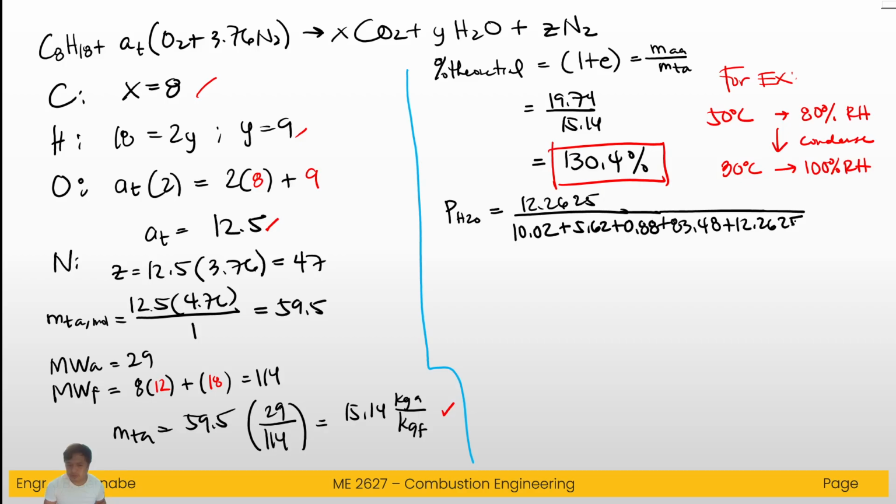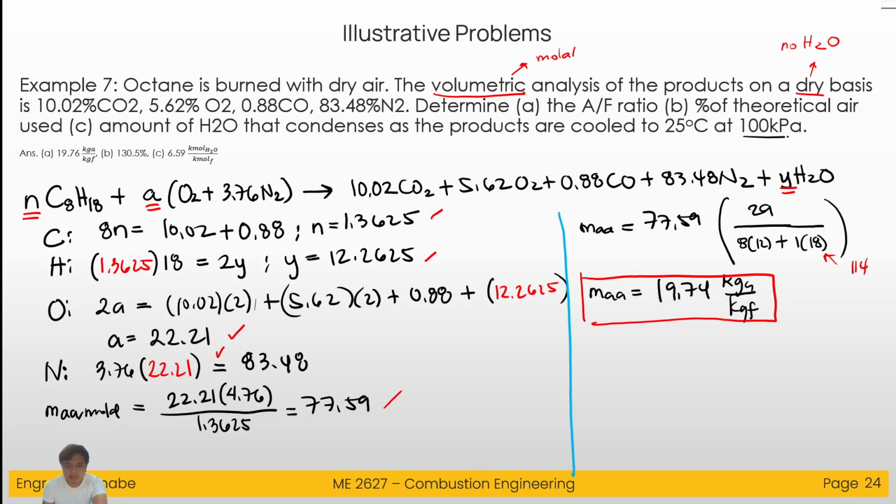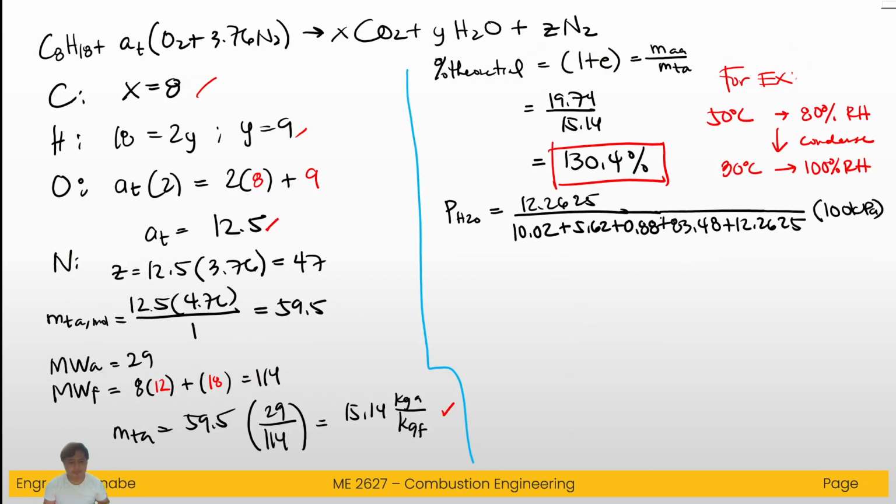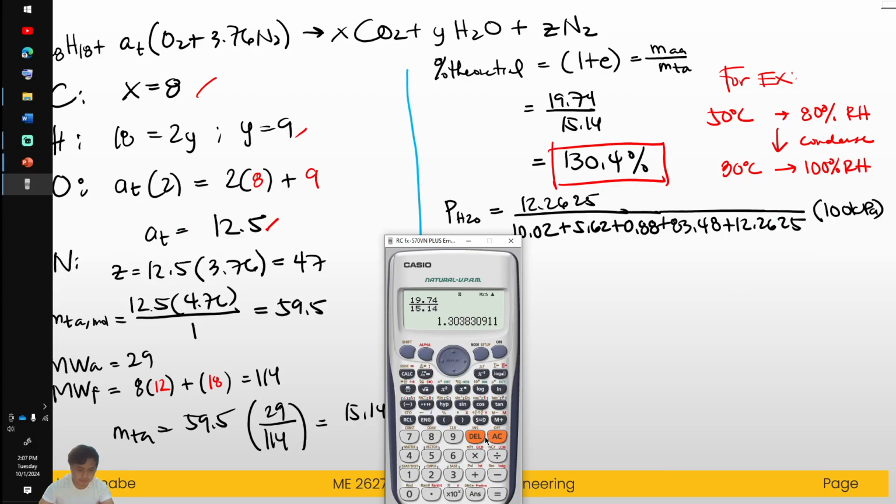Okay, so this will be multiplied by the pressure, no? So you have 100 kilopascals as given. So now we have the partial pressure of the water vapor. We can find the dew point temperature.